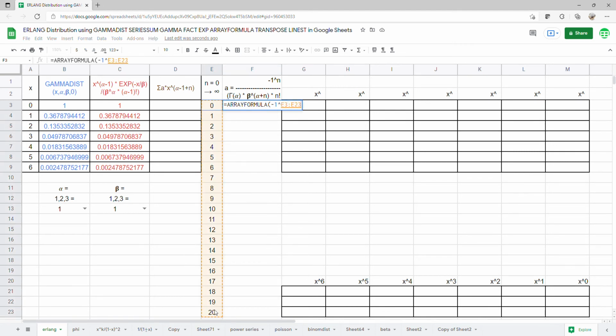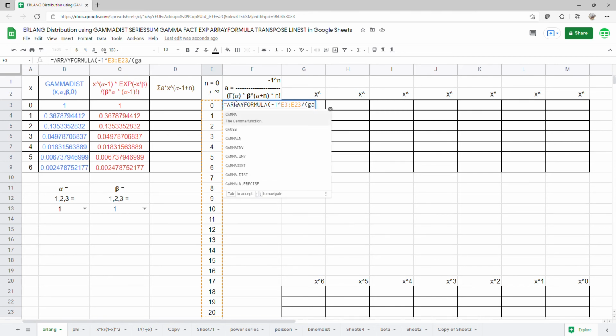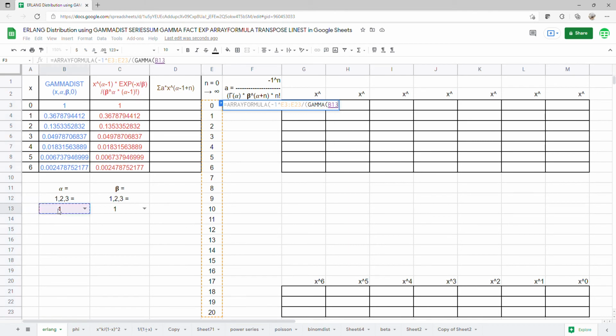That's the first part. The second part, the denominator. There are three parts of the denominator. First part is gamma of alpha.